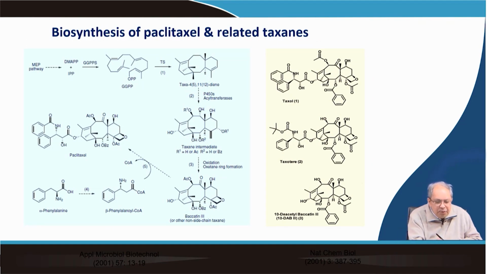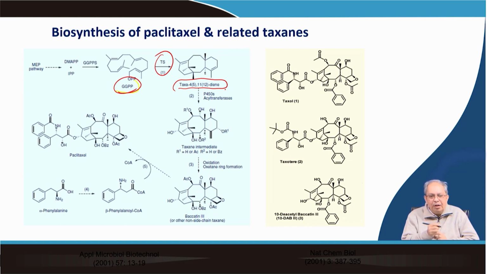So, it basically starts with the GGPP, geranylgeranyl pyrophosphate, then there is a taxane synthase and then it produces this taxa-4(5),11(12)-diene. Similarly, what we found, this amorpha-something-diene in the case of artemisinic acid, then several intermediates and then it finally forms baccatin.